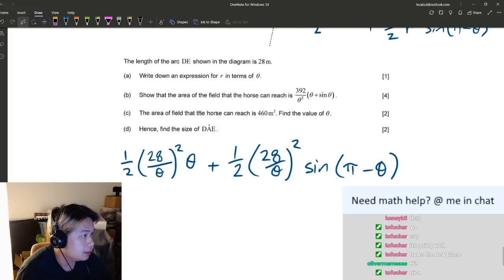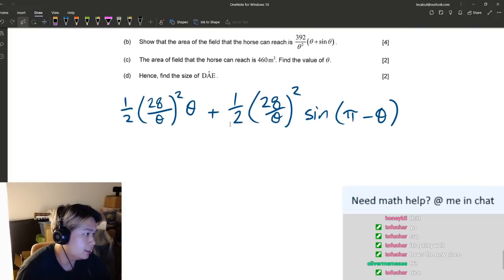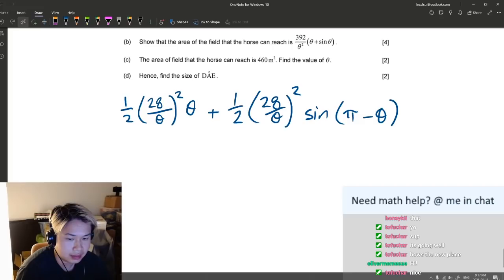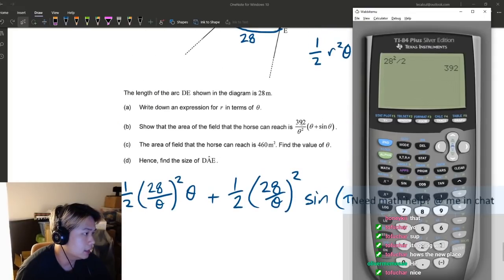And I'm sure if we keep simplifying, it'll look like this. So as you can see, this is factored. So we're going to take out a common factor of all of this, which is present in each term. And let's just see. I bet you that 28 squared divided by 2 is going to be 392 right there.